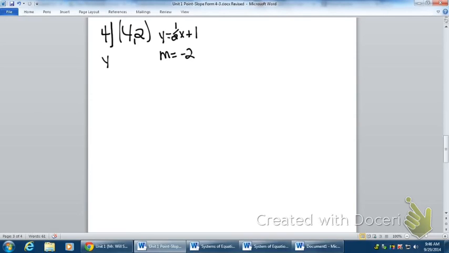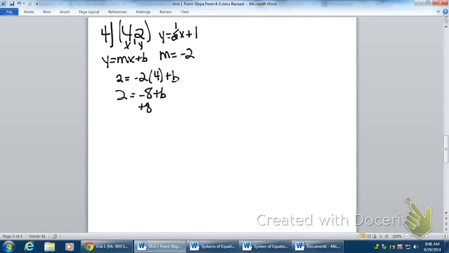Now we need to plug it into our y equals mx plus b, because we have an x, we have a y, and we have a slope. So my y is 2, my slope is -2, and my x is 4. We're trying to find b, because this wants us in slope-intercept form. We don't know what b is. We don't know what the y-intercept is. So if you work that out, that gives you a -8.